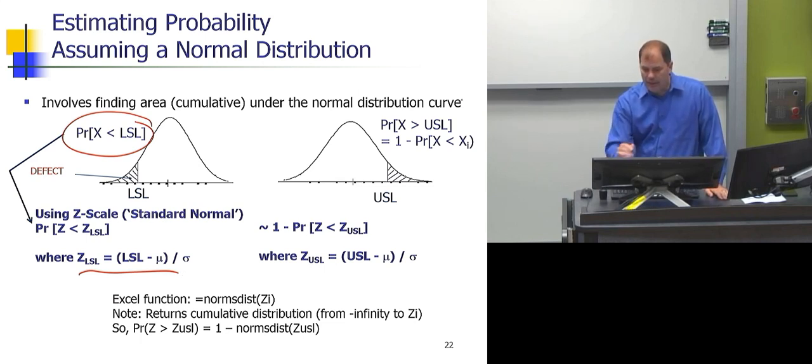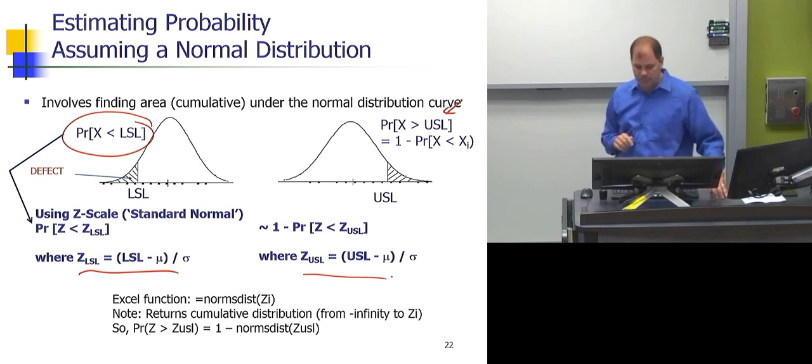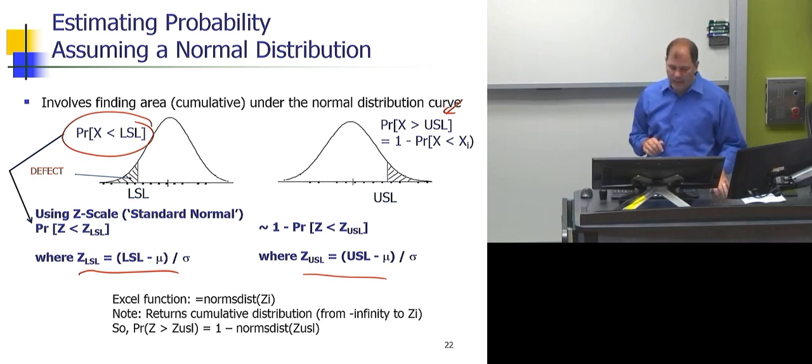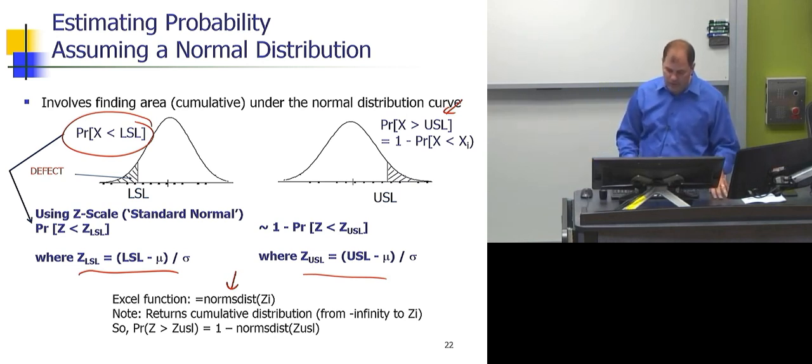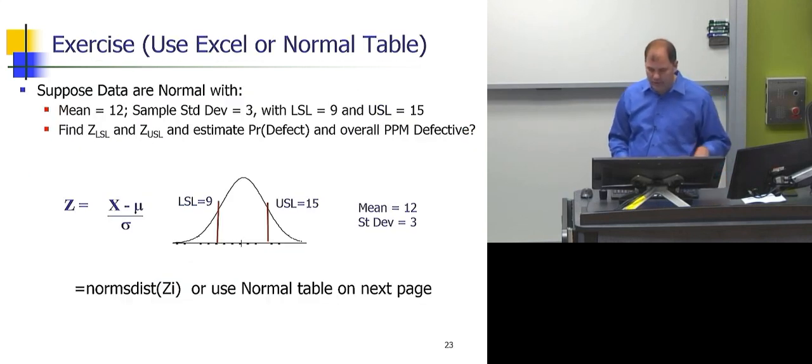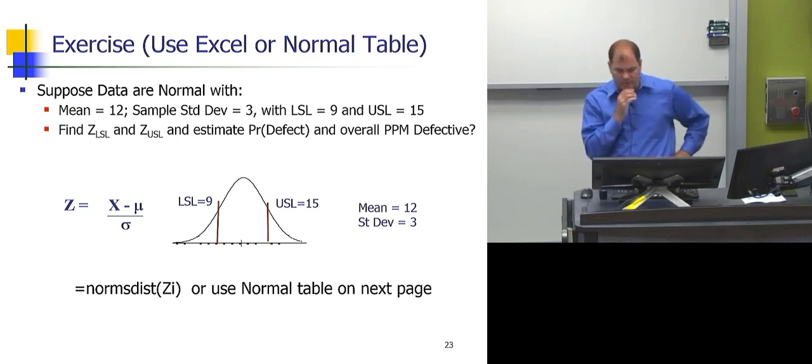If I wanted to calculate the probability of being above the upper spec limit, I'm going to do that based on a z upper spec limit. I can do this in Excel using the NORM.DIST function and z values, or I can do this in Minitab. I'm doing this kind of quickly because this is something that we should have a basic understanding of, what Minitab is doing.